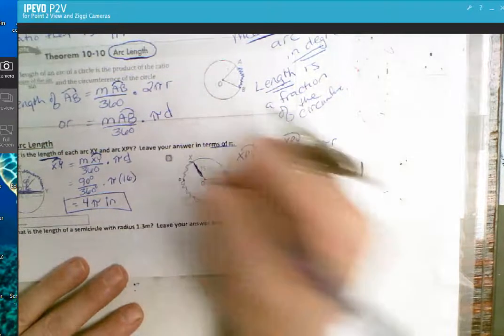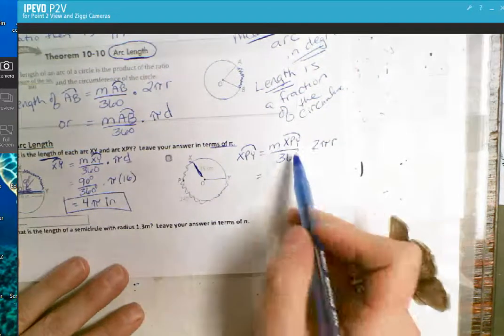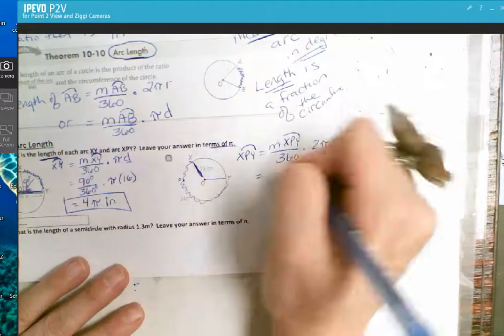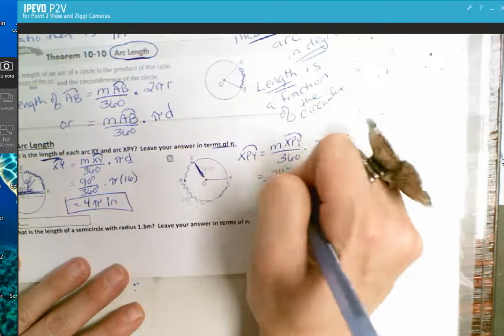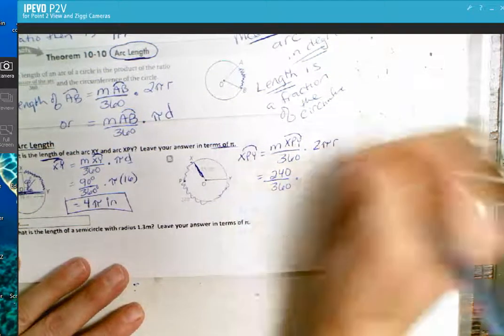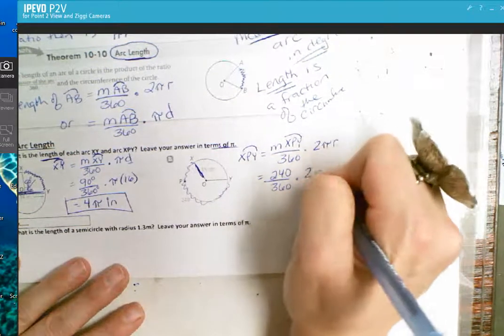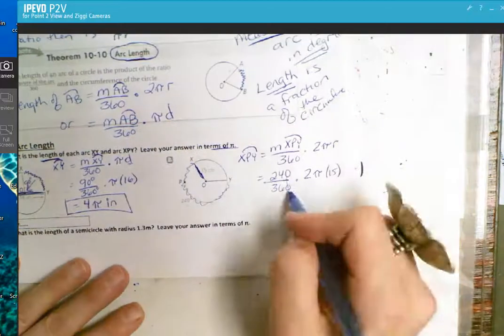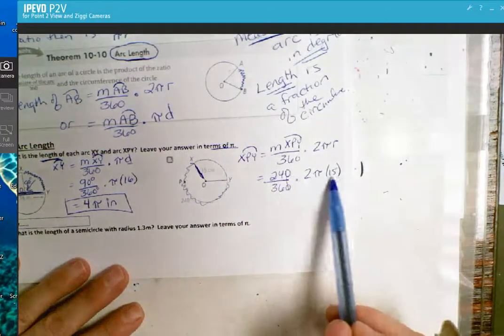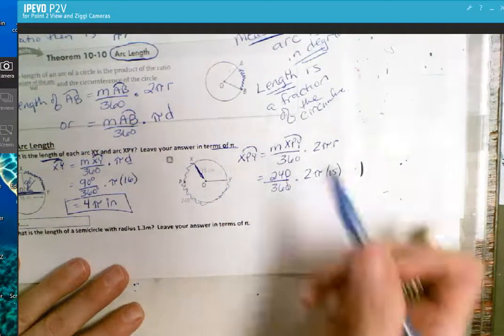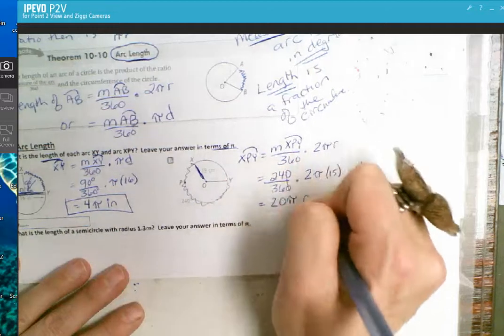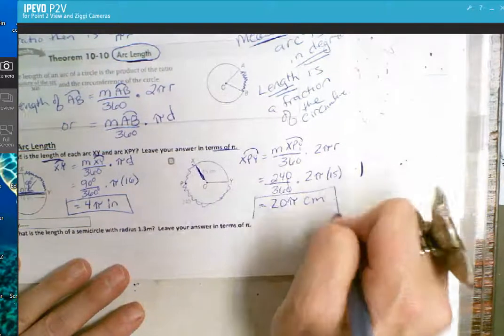I don't have a diameter. Substituting the pieces I know. Its measure is its corresponding central angle, so I know it's 240 degrees out of the possible 360 times 2 pi times 15. Do some mental math, do some calculator maths, reduce that, and I end up with 20 pi centimeters is the length of that arc.